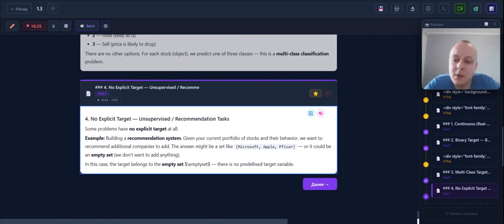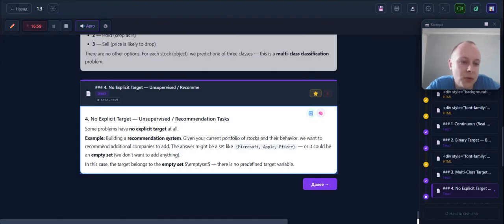And the fourth case, no explicit target, and basically it's an unsupervised or recommendation task. Or maybe in some samples, it's not complete data, a row of data that is not actually useful for us. It might also be the case when we don't have a target.